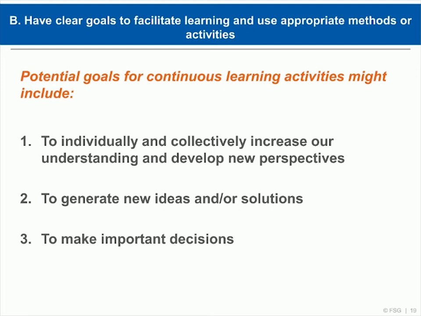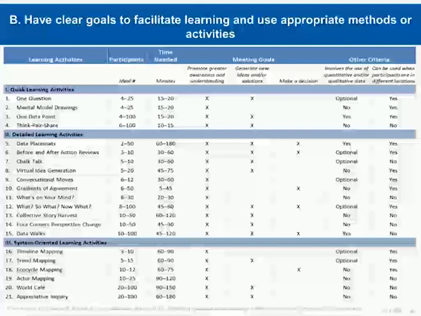And the third one is to make decisions. Maybe your collective impact effort needs to make a specific decision, and you need to bring some different information from different places to make a decision. So those are the three goals that we identified for different continuous learning activities.